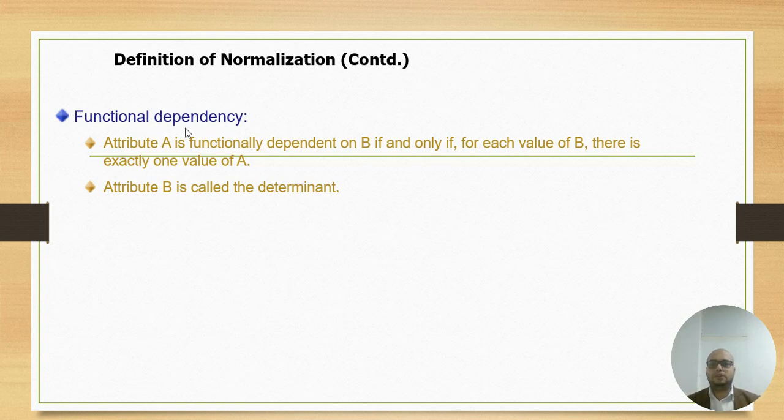Before second normal form, we have to understand functional dependency. What do you mean by functional dependency? Attribute A is functionally dependent upon B if and only if for each value of B there is exactly one value of A. A very simple example: attribute A is a teacher and attribute B is a student.